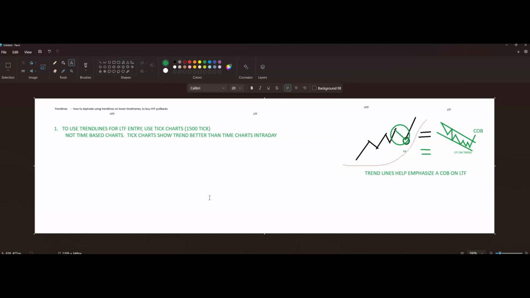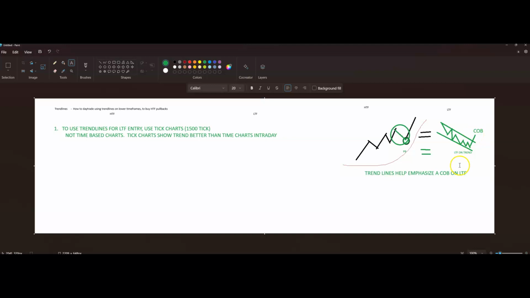The first thing is you want to pick the market that's pulling back that you want to buy or sell. Second step, get a tick based chart and draw the trend line on it. Third step is wait for a change of behavior to tell you to start getting ready to buy that lower time frame pullback.